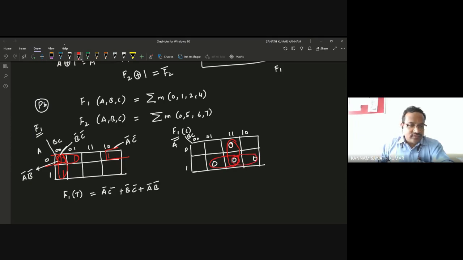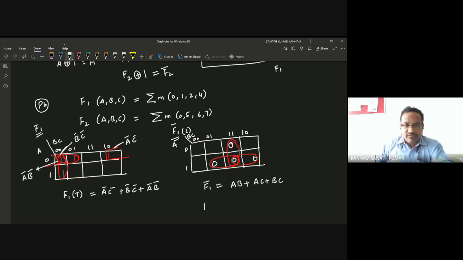If you write for this one, F1 bar equal to AB plus AC plus BC.